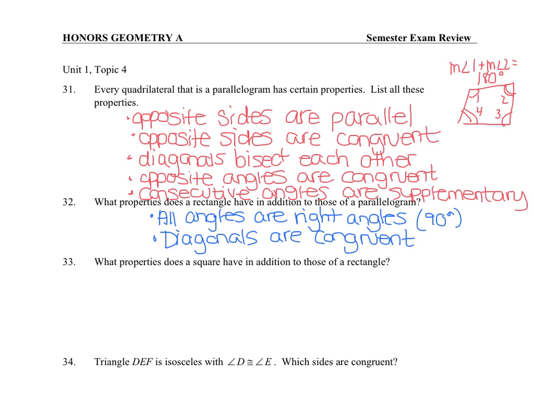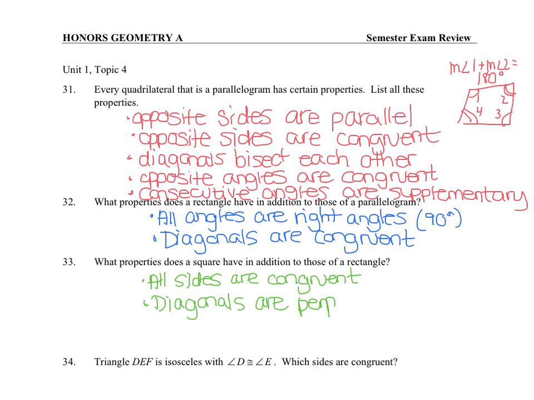Finally, for question 33, what properties does a square have in addition to those of a rectangle, which also means in addition to those of a parallelogram? Well, we know that all four sides are congruent. We know that the diagonals, not only do they bisect each other and are they congruent, the diagonals are also going to be perpendicular.